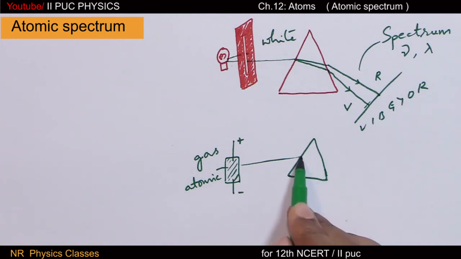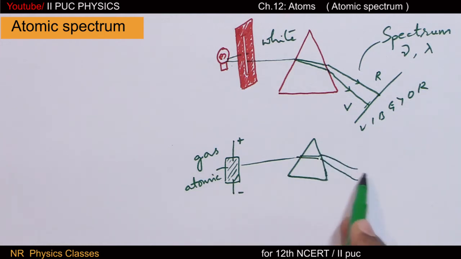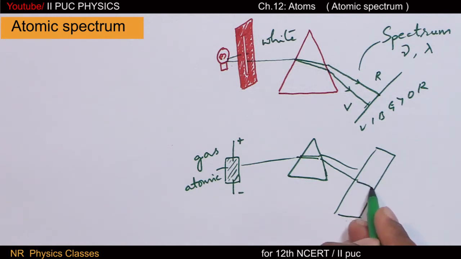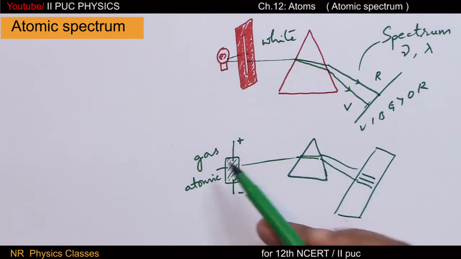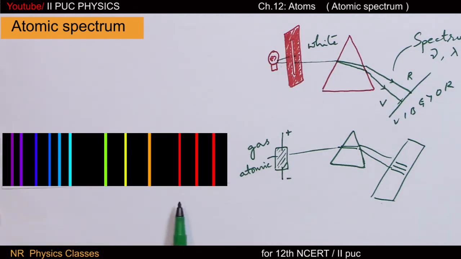Okay, so what we get is this spectrum, and this spectrum contains few colors. Observe this. This is the spectrum. You can see dark background and bright lines. These bright lines represent all those radiations which are emitted by this excited gas. So we can see lines.